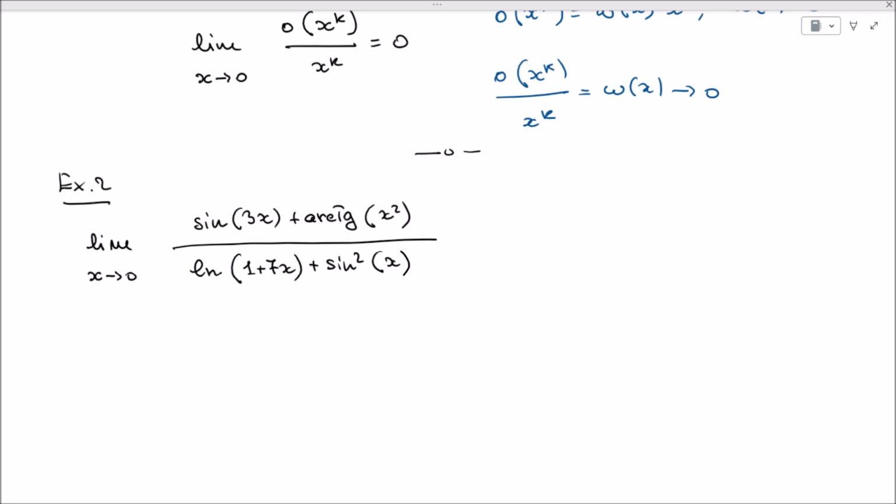And we recognize now that this limit is simply 3 over 7. And I will explain why this is the case.